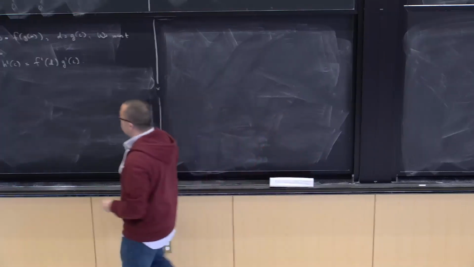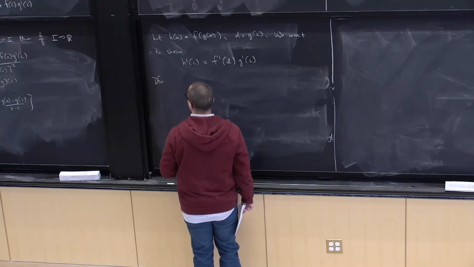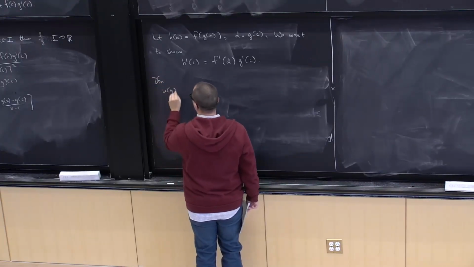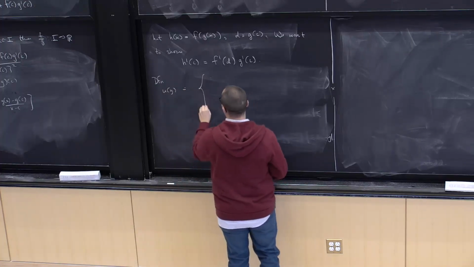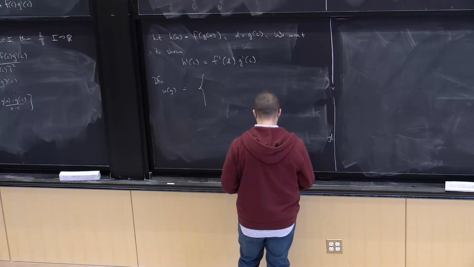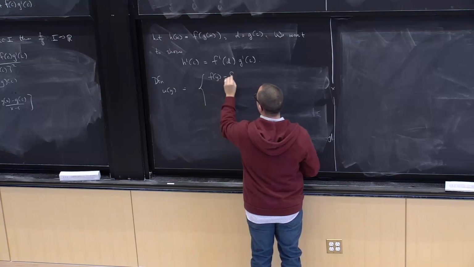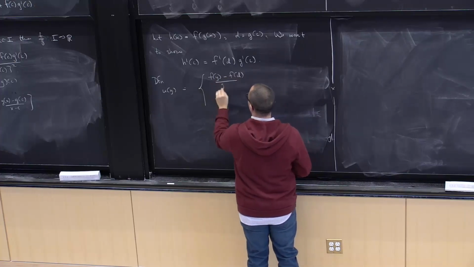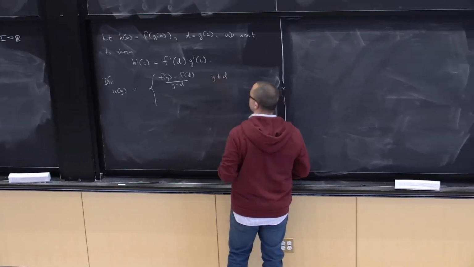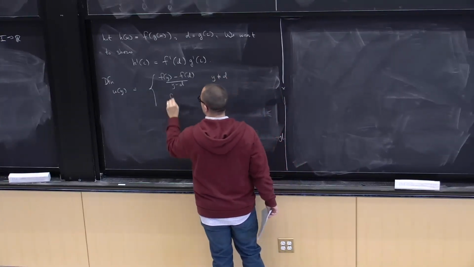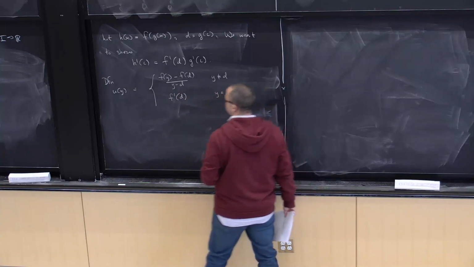Okay, so now let me define some auxiliary functions. u of y is going to be essentially the difference quotient of f, except at certain points. So this is f of y minus f of d over y minus d when y does not equal d, so that this is meaningful, and then f prime of d when y equals d.